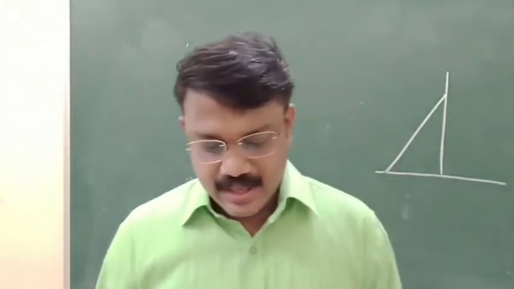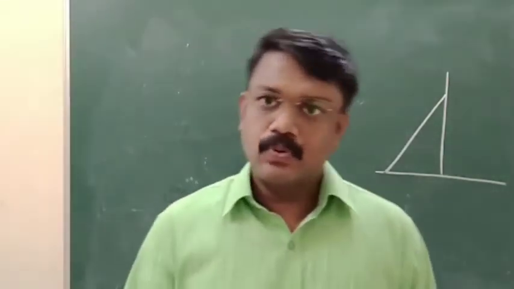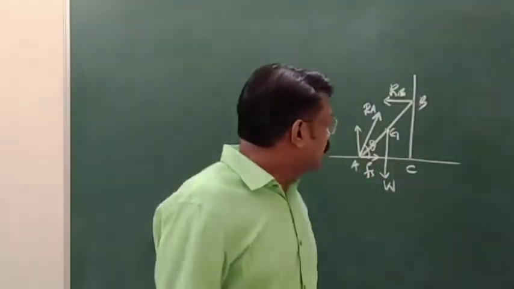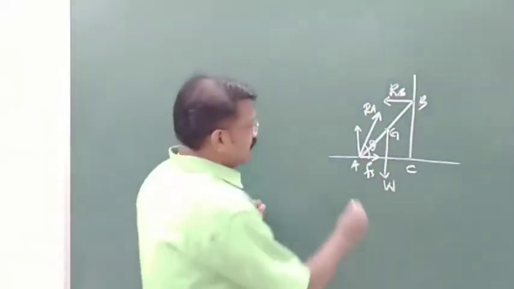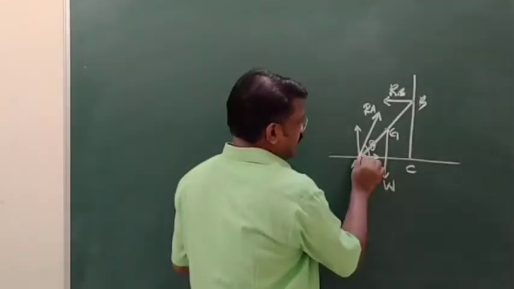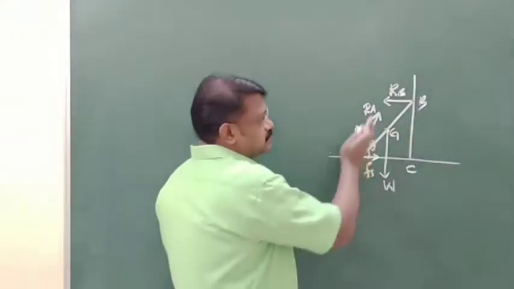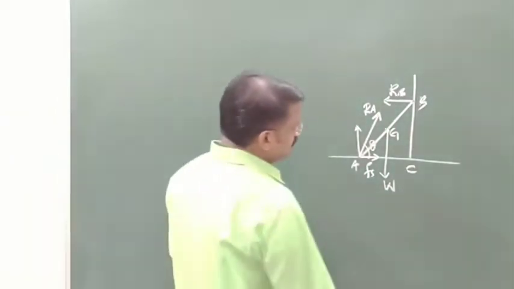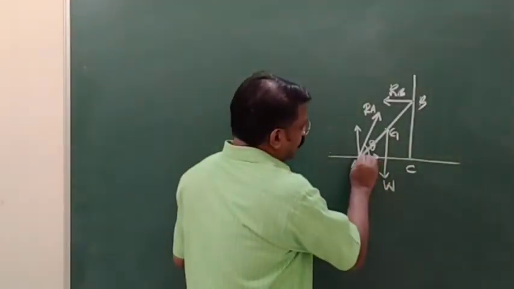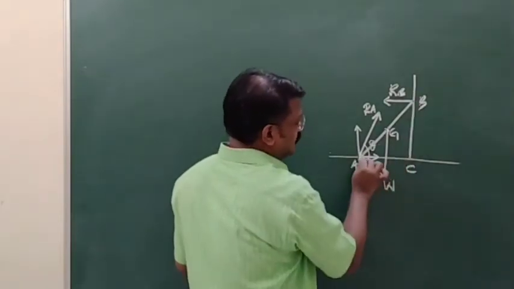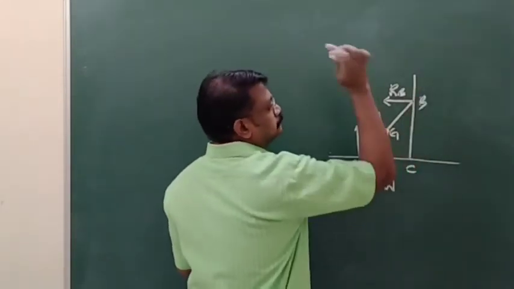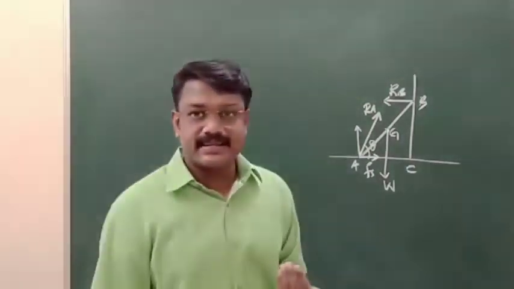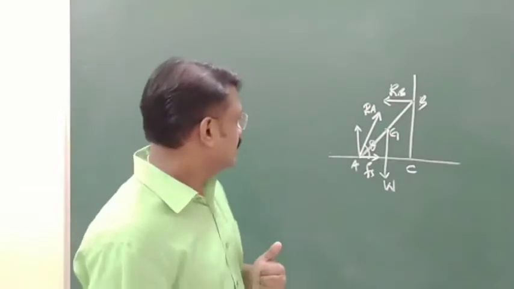So we are starting with the leaning ladder problem, or simply the ladder problems. Here, AB is a ladder placed slanting on the wall. At points A and B, which are in touch with the floor and the wall respectively, it is getting reaction forces.